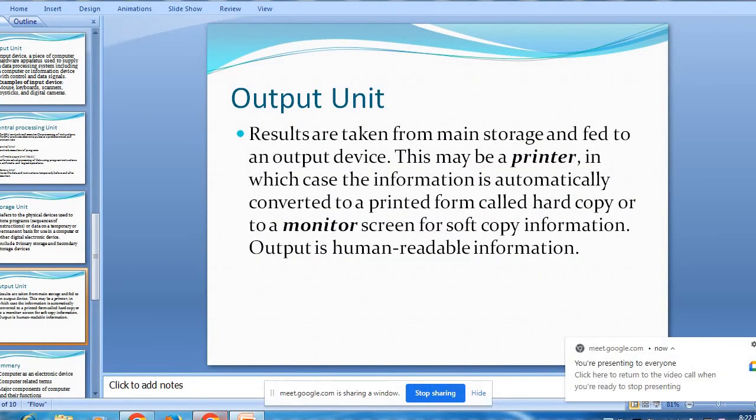In this unit, we have the results of processing, and normally these results are output for the user to see, maybe using the monitor, or you can even touch and read it. We normally get this kind of output from the printer.